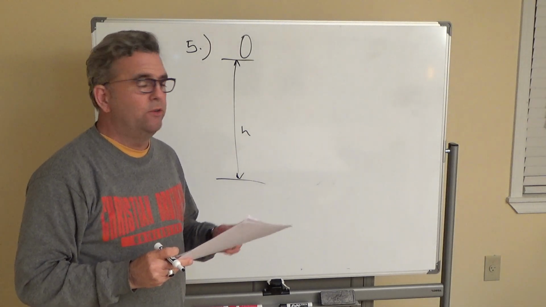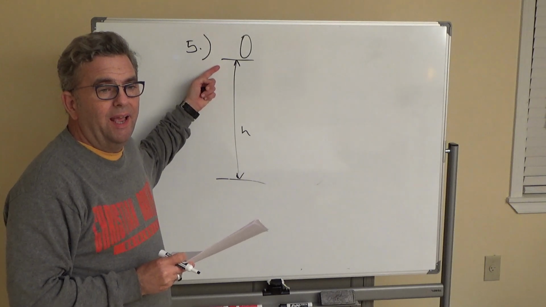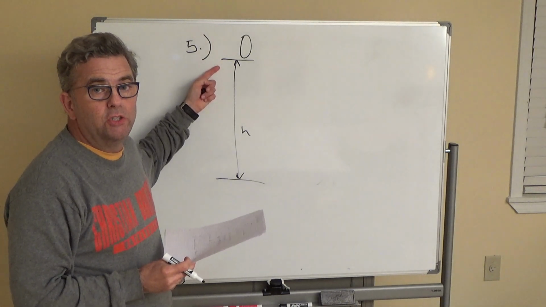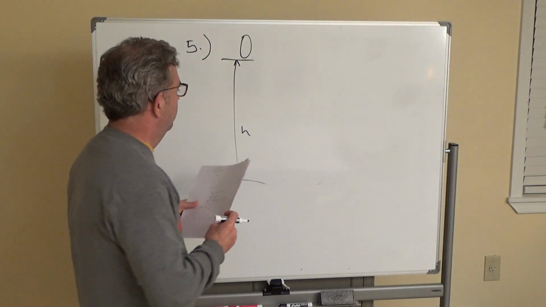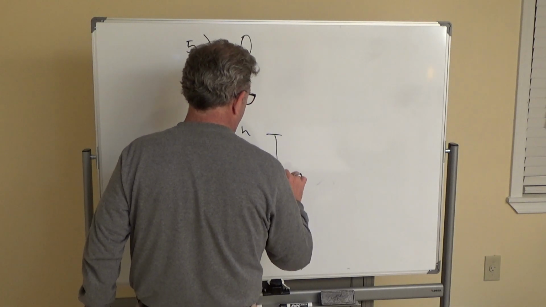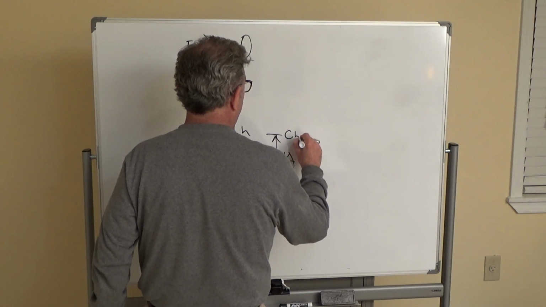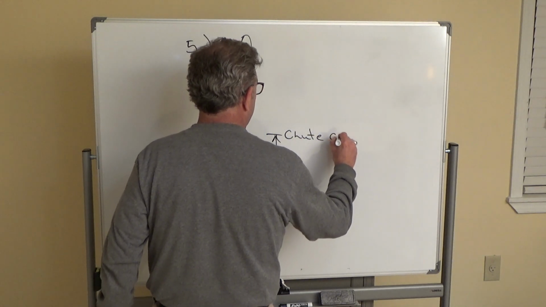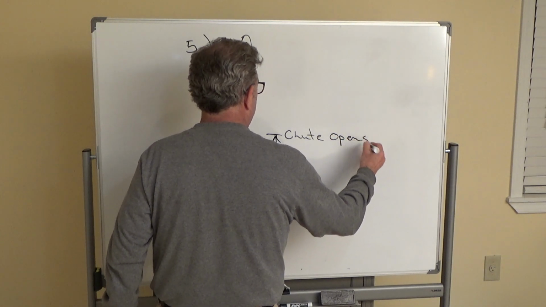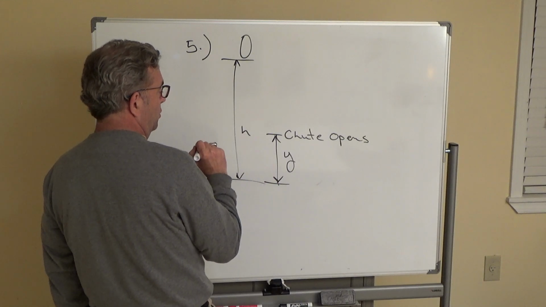They give you the value for the altitude, and that's when you jump out of the aircraft. Then at some altitude, and I'm going to call it y, you open your chute. So this is where the chute opens. Okay? So the chute opens at this altitude.